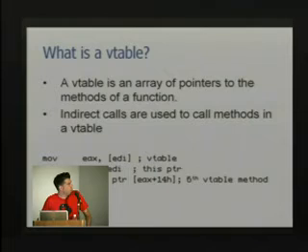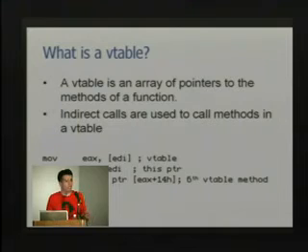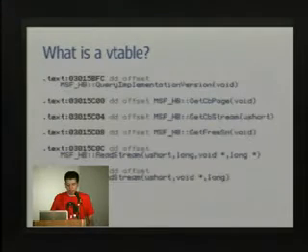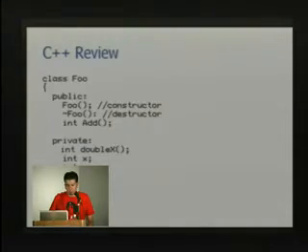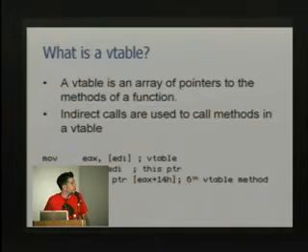What is a vtable? A vtable is an array of pointers. And these pointers are all the methods within the class. So as we saw previously, this doesn't use a vtable, but for example, you see that it has a method foo, the structure foo, and the method $x. So if it had a vtable, we would see pointers to all those.